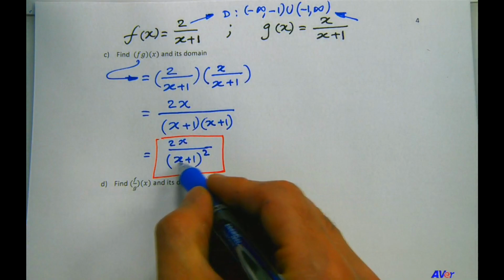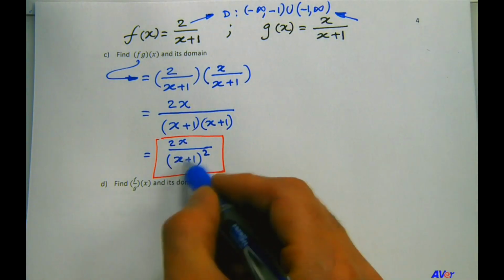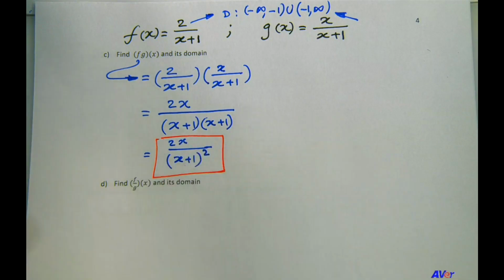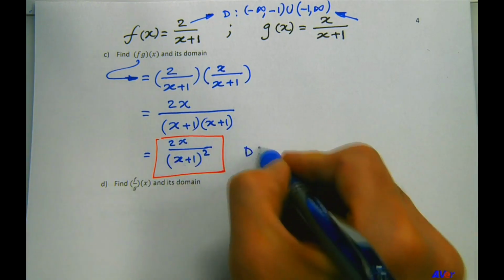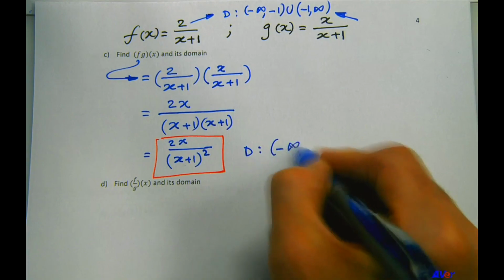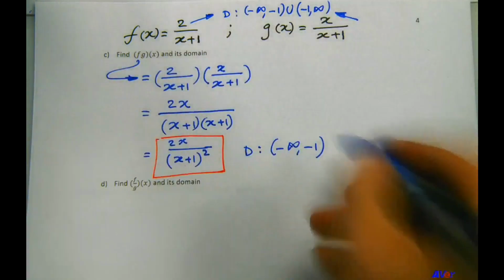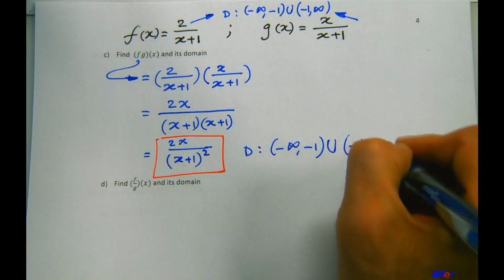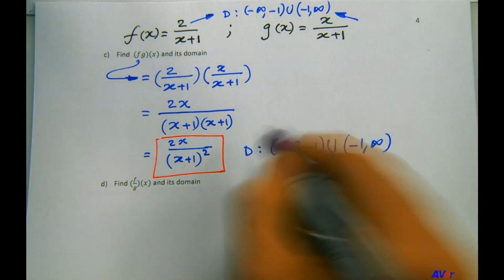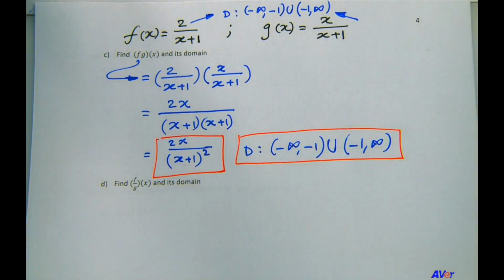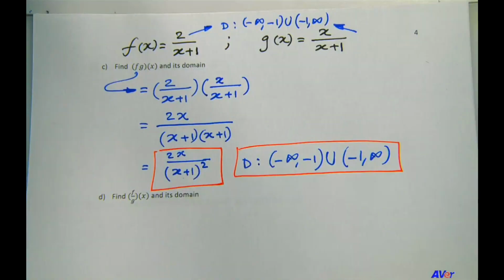Once again, negative 1 will make this combined function undefined. Therefore, the domain will be the same. The intersection of this domain with that is identical. That's what we're saying. Okay. All three functions have the same domain.